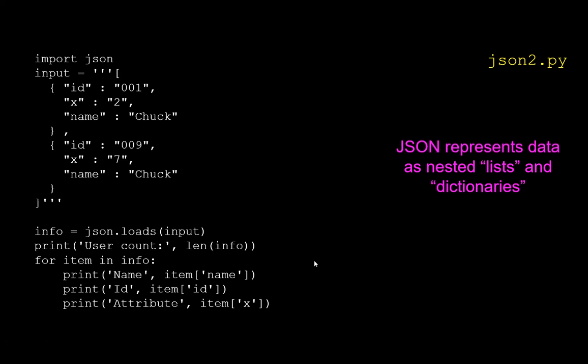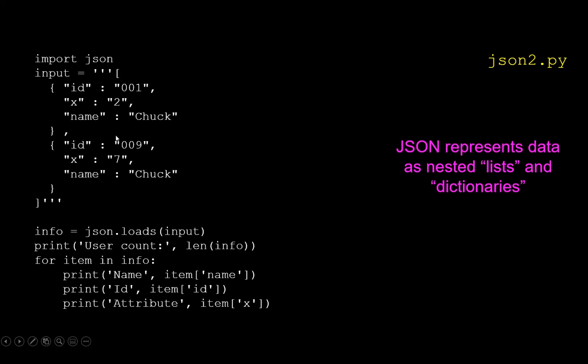So another example, in this case we have a list, which is comprised of two dictionaries. So here we have the ID equal 1, the ID equal 9, x is 2, x is 7, name Chuck, name Chuck.